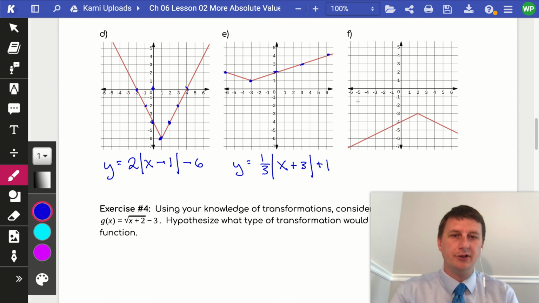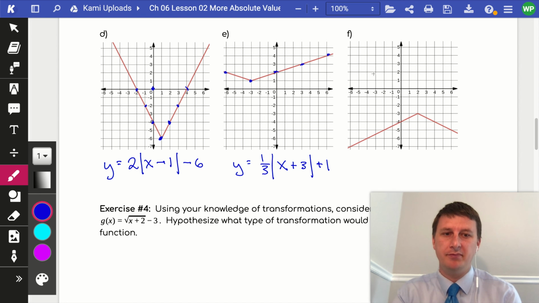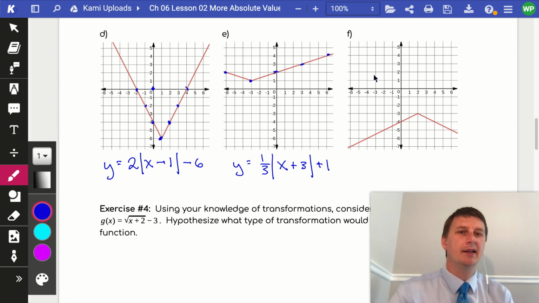And finally, our little challenge question, which was given to you as a bonus in lesson number 1. Let's see if you watched that video by doing this one. We have an absolute value graph here. Again, let's look at our slope. Our slope is going down 1 over 2, down 1 over 2. So how do we represent a slope that goes down 1 over 2?